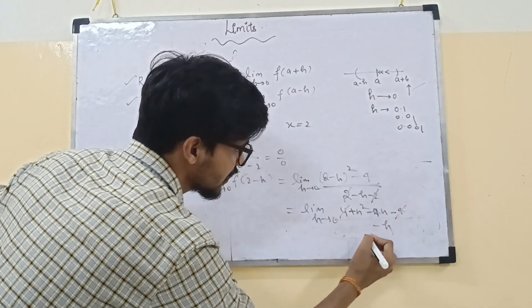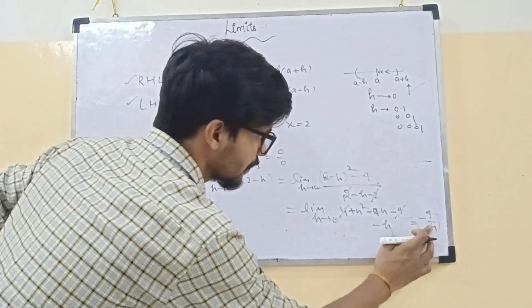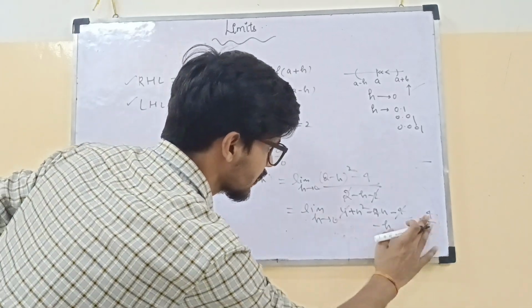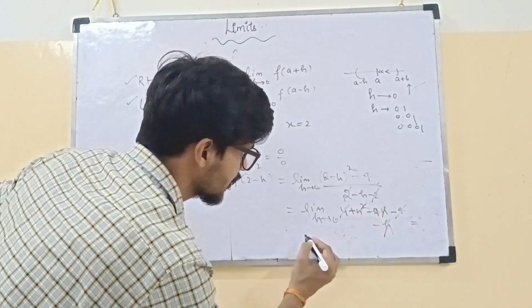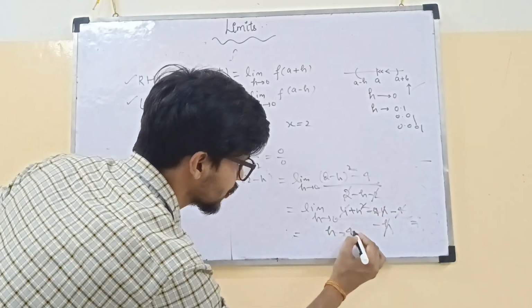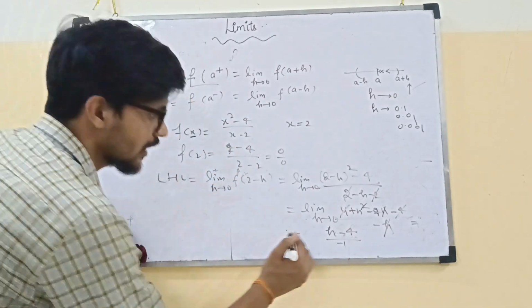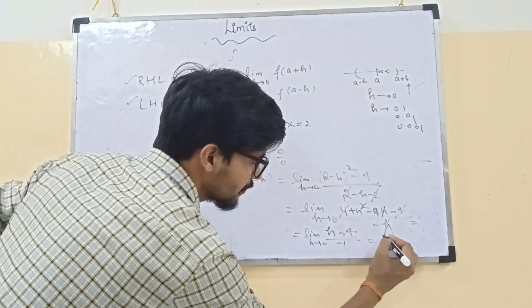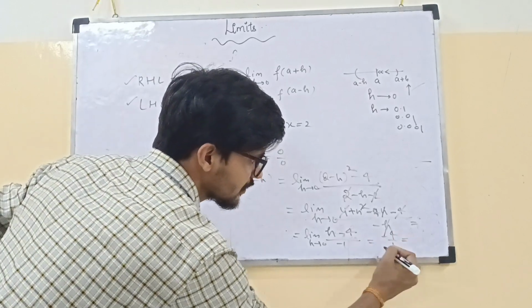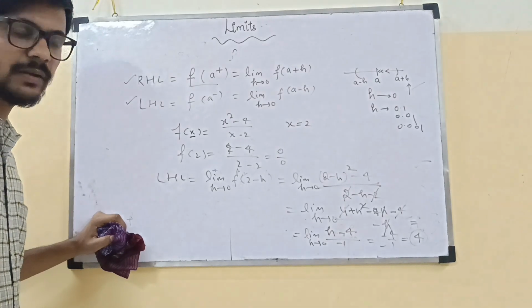So you will cancel this h, and you will get h minus 4 divided by minus 1. If you take the limit h tends to 0, you will get minus 4 by minus 1, that is 4.